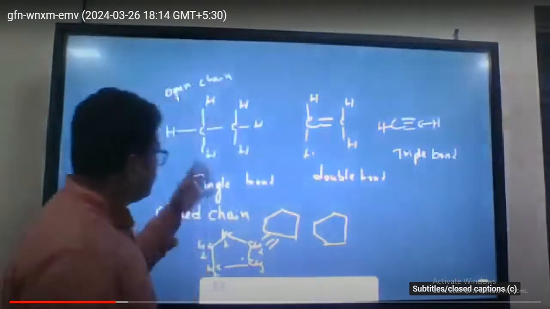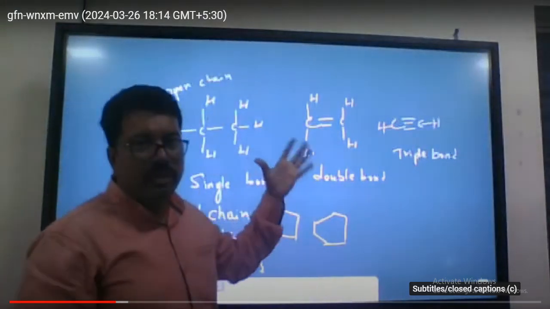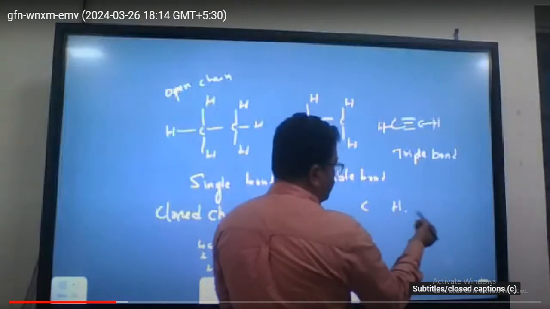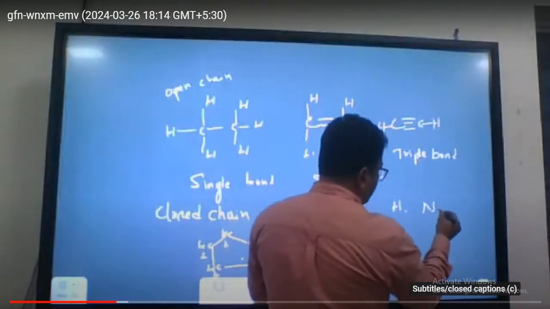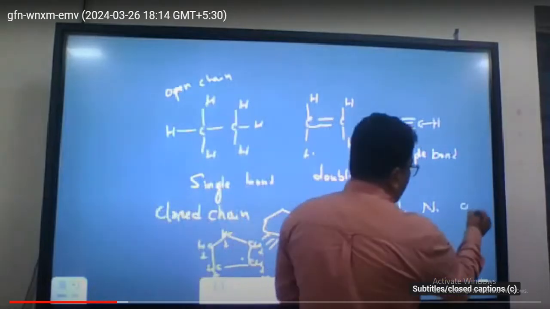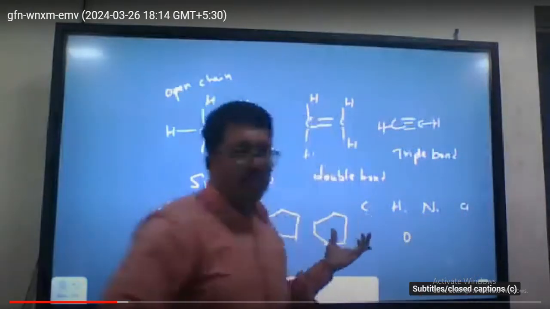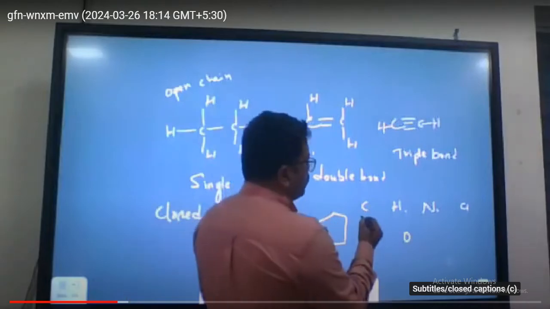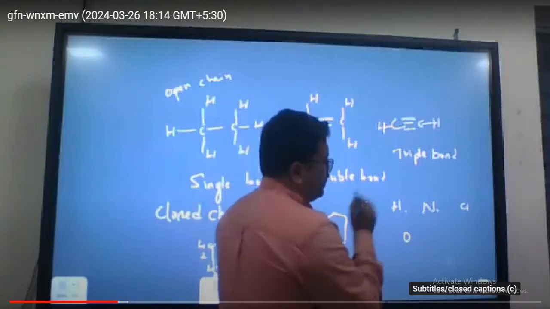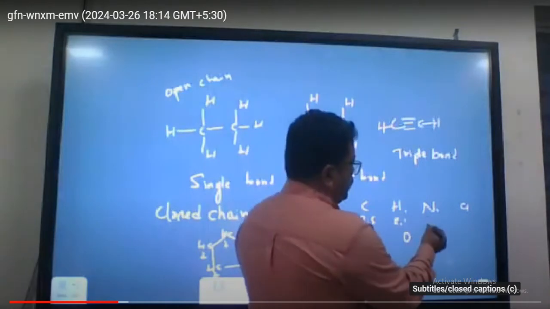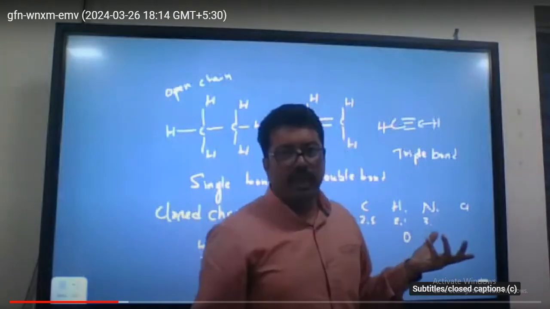Why does carbon bond with hydrogen, nitrogen, chlorine, oxygen? Because of the similarity in electronegativity. The electronegativity of carbon is 2.5. Hydrogen is almost equal, 2.1. Nitrogen is 3.0. Oxygen is 3.5.